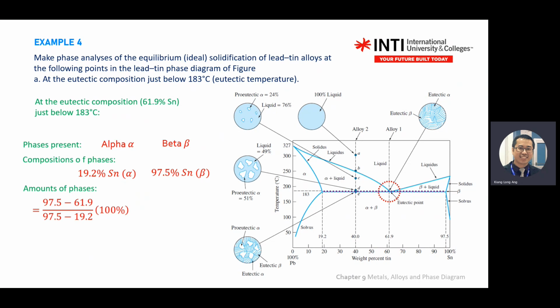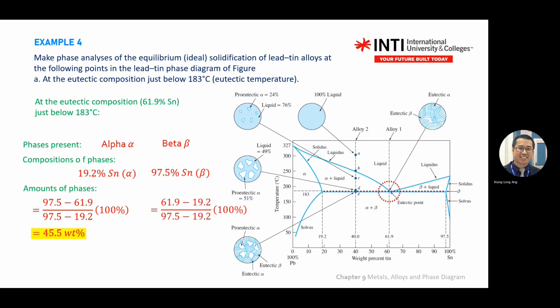All right. Now, amount of phase. How do you find amounts of phase? Again, by looking at this equation, you know you're finding solid or liquid. 97 is here. Okay.